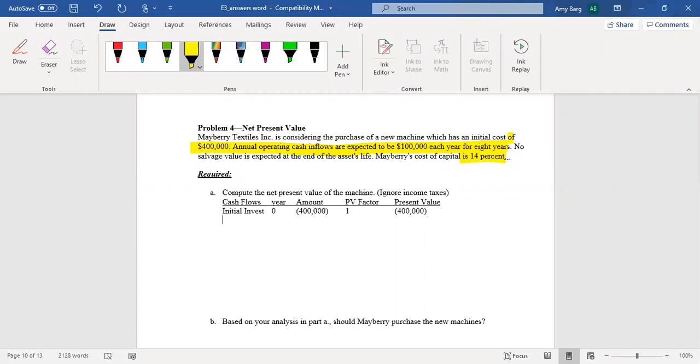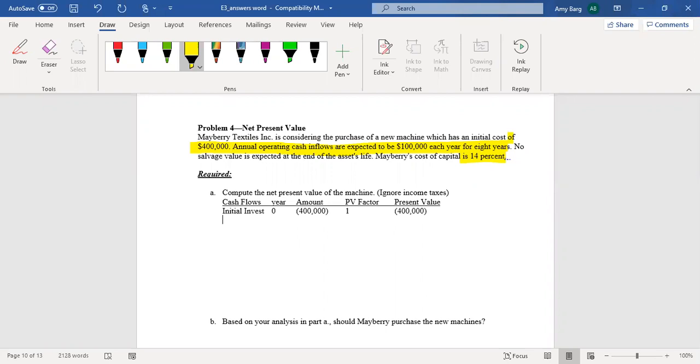Yeah, for right this instant, my cash is worth what it's worth, right? Because it's right now, it's just worth what it is right now. But the present value factor is telling you what it's going to be worth later. Okay, and then the parentheses just mean a negative number, right? Yeah, that's how accountants do that. I'm just kind of used to double checking it that way.